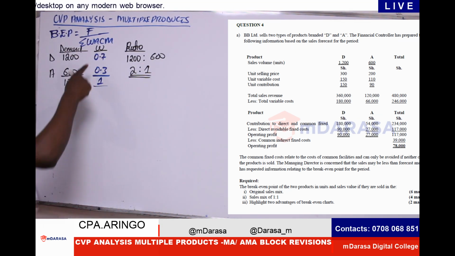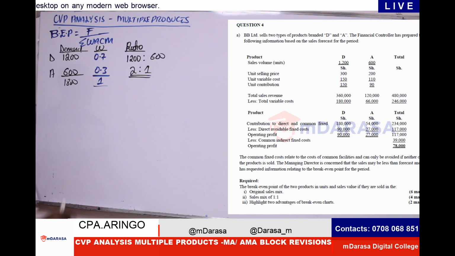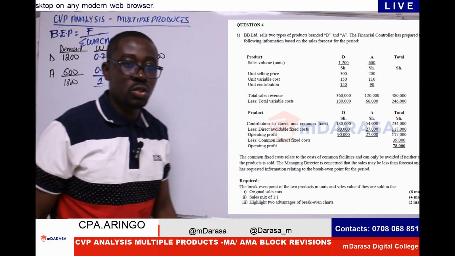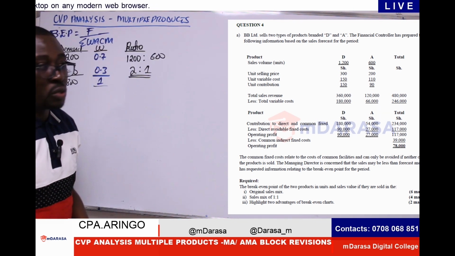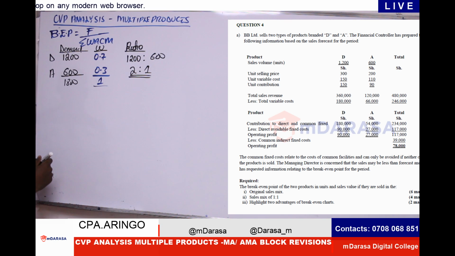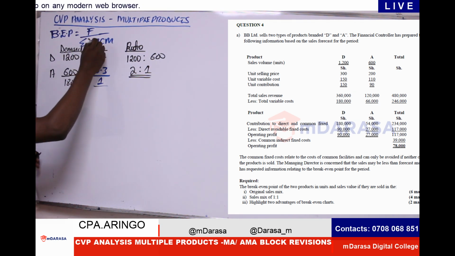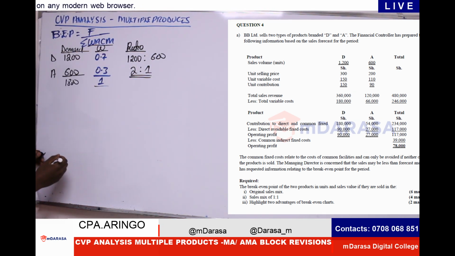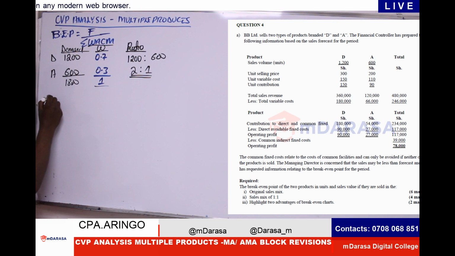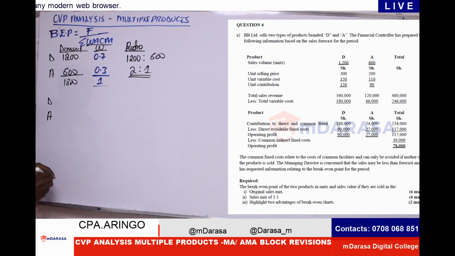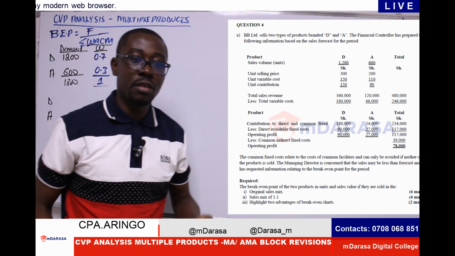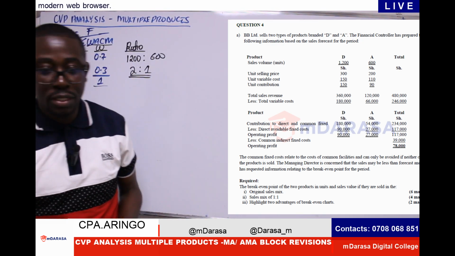We have to recall what Mwalimu guided us on the weighted average contribution margin. I need to determine the summation of the weighted average contribution margin. We have our D, we have our A. The question is, were we given the contribution margin? That is what you need to identify.